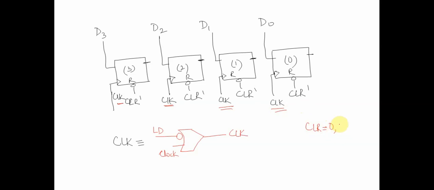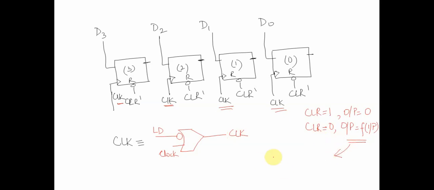whenever clear is equal to 0, the output is a function of input, and whenever clear is equal to 1, the output is always 0. Now, whenever clear is equal to 0, what is happening in this particular case?